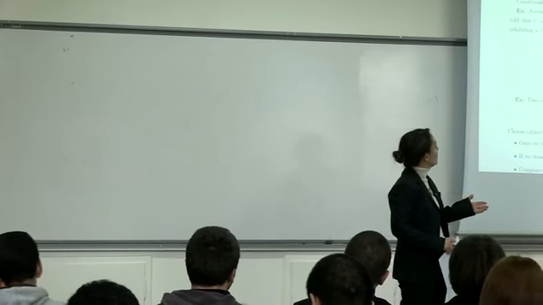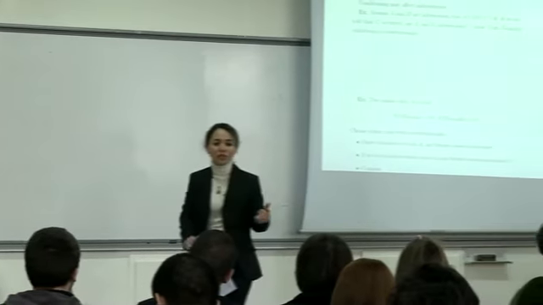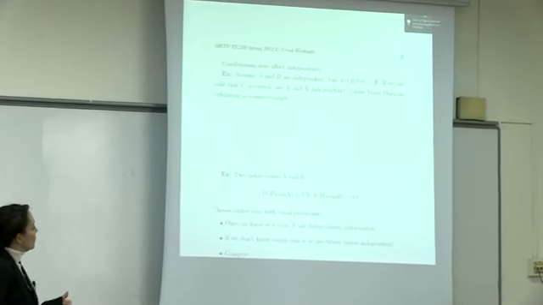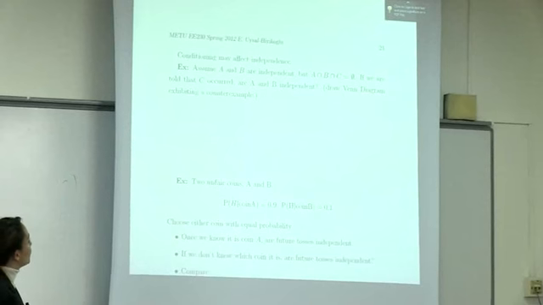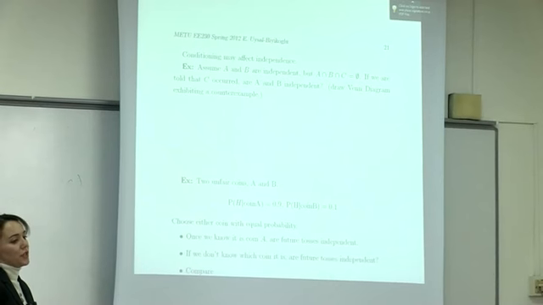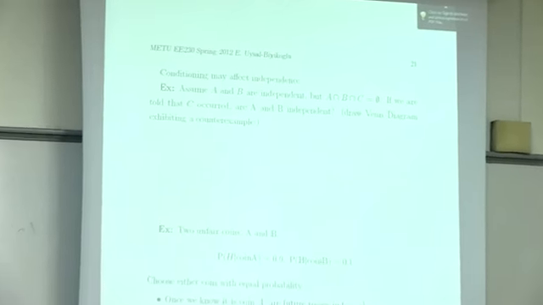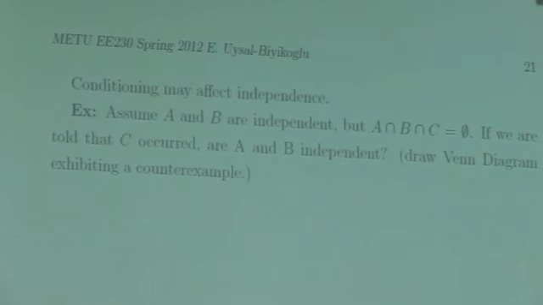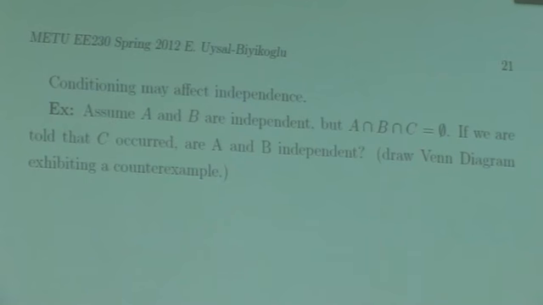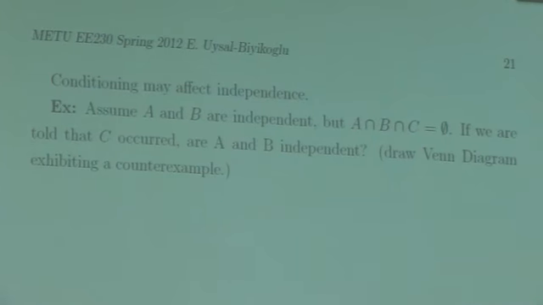This next example shows that conditioning may affect independence. Assume A and B are independent, but A intersection B intersection another event C is empty. So if we're told that the event C occurred, then are A and B independent now?